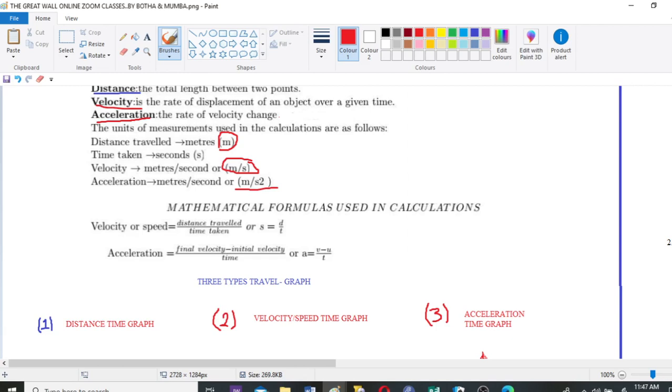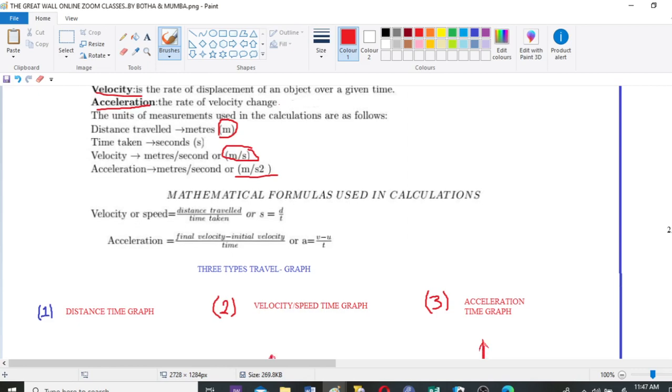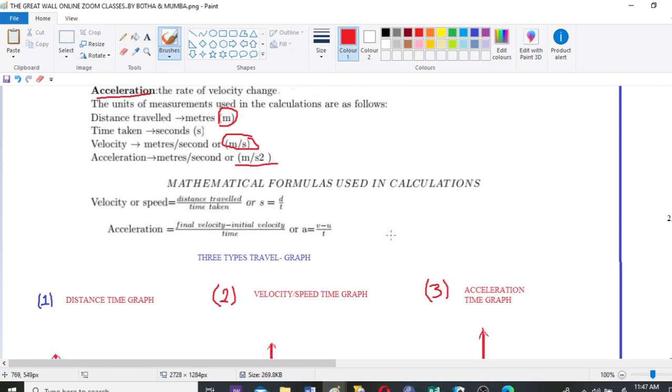Now I'll tell you the reason why others say they are just two. Okay, so before we look at the three types of travel graphs, look at the formulas. These are mathematical formulas that we use when calculating the questions under travel graphs.